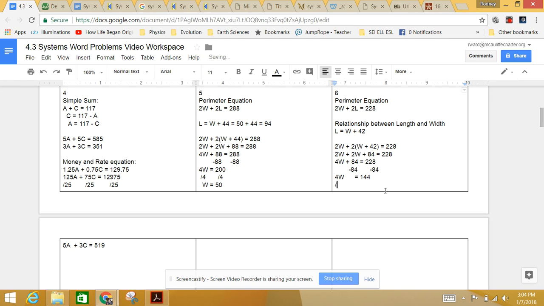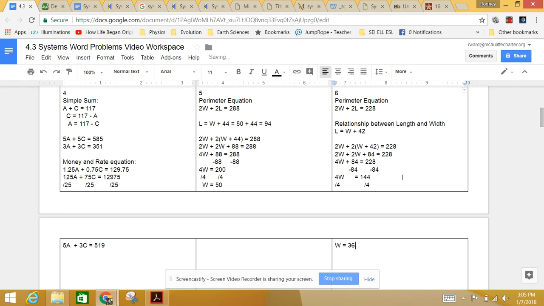I'm still 4 times too big, so I'll divide both sides by 4. And W equals 1/4 of 144, which is 25 plus 11, because 44 divided by 4 is 11, and the 100 divided by 4 is 25, so 25 plus 11 is 36.